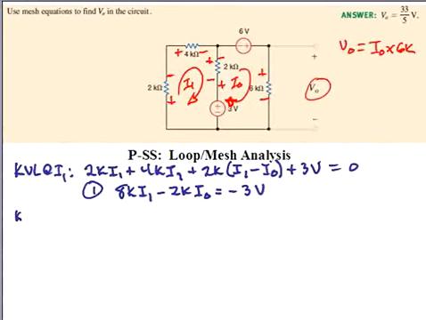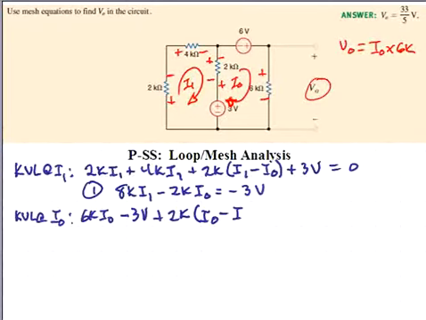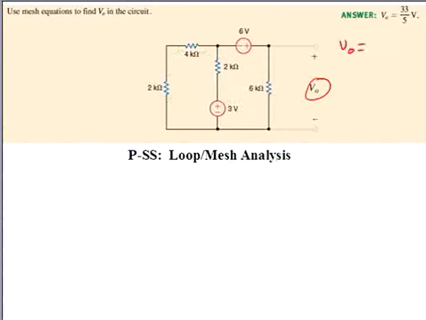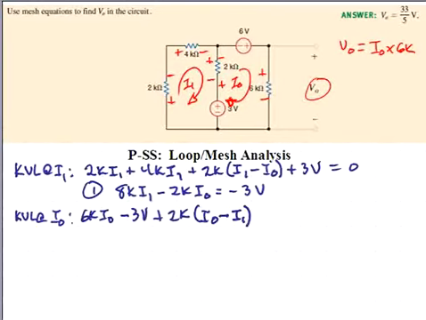And similarly, we'll do a KVL around the mesh current I sub O. We have 6K I sub O minus 3 volts plus 2K times the difference between the two counterflowing currents IO minus I1 minus 6 volts is equal to 0.